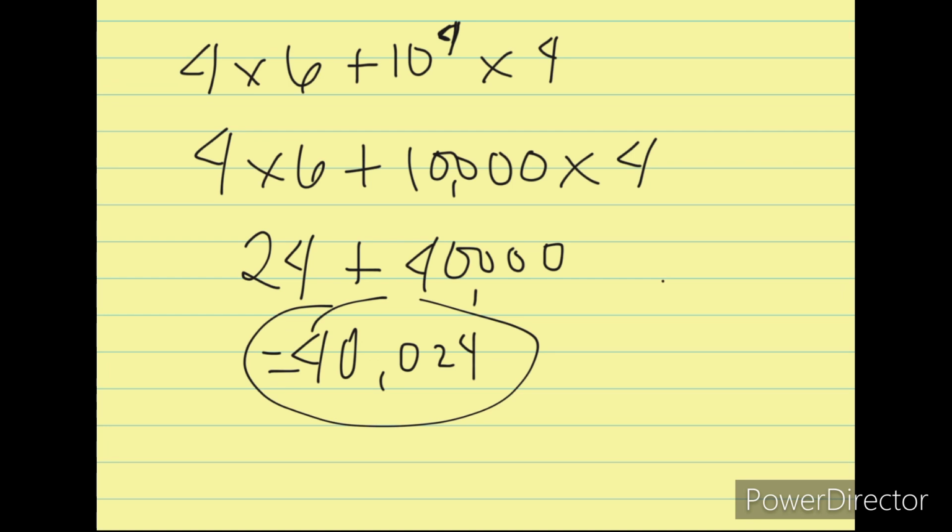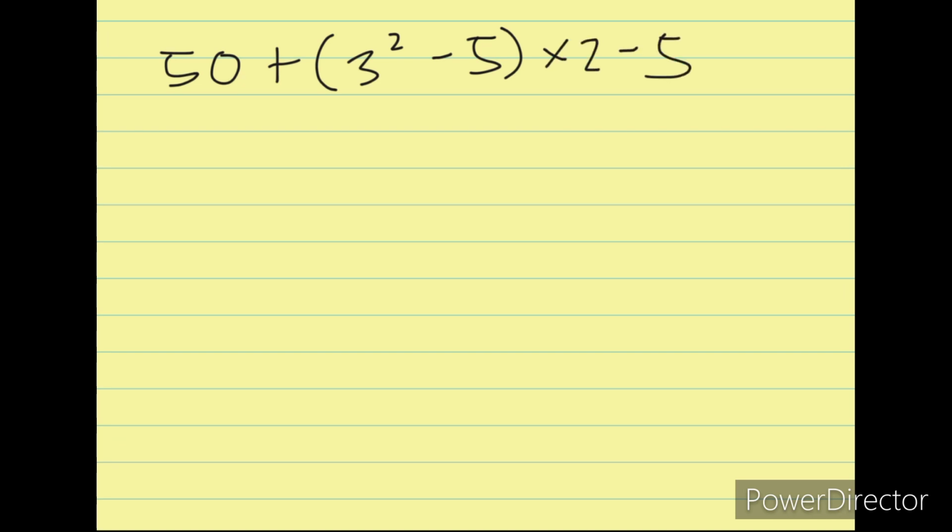Next, last example. If we have 50 times, plus, open parenthesis, 3 squared minus 5, close parenthesis, times 2 minus 5.